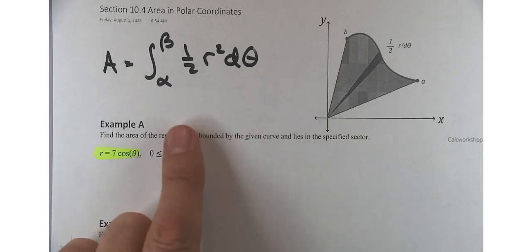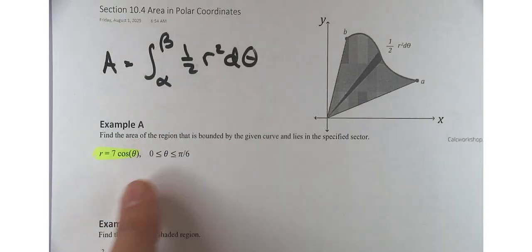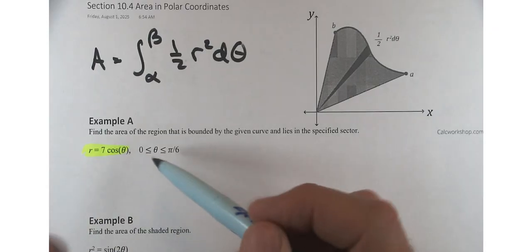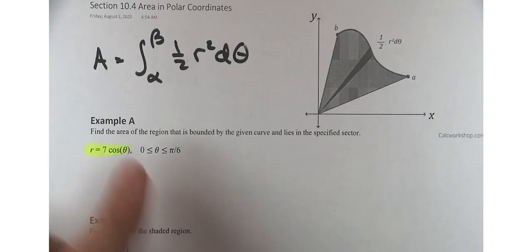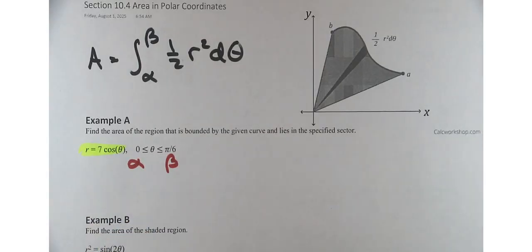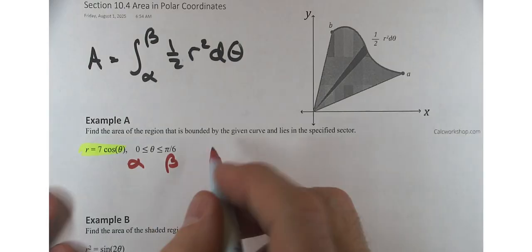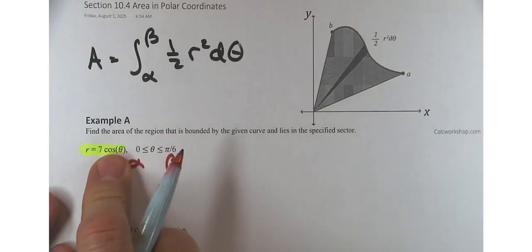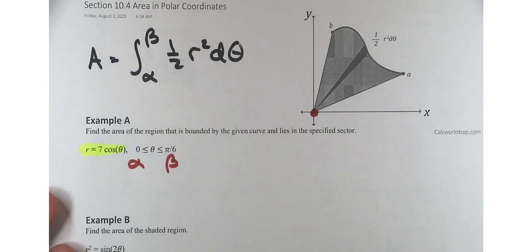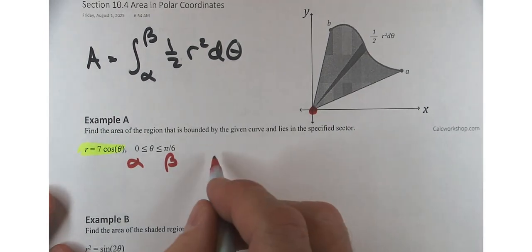So instead of r squared, I can write 7 cosine of theta squared. And my angles are going to be here to here. It's going to be your alpha, that's going to be your beta. And let's put everything in. So the area between this curve and the pole, for these two angles is given by this.